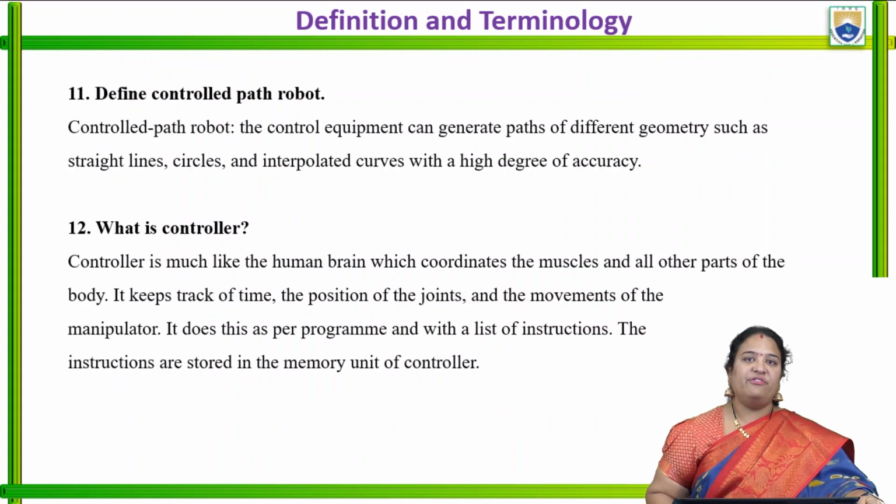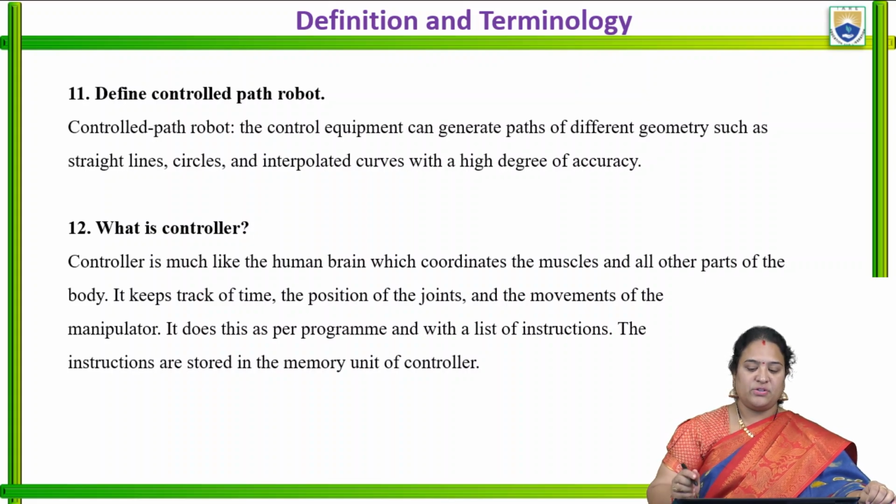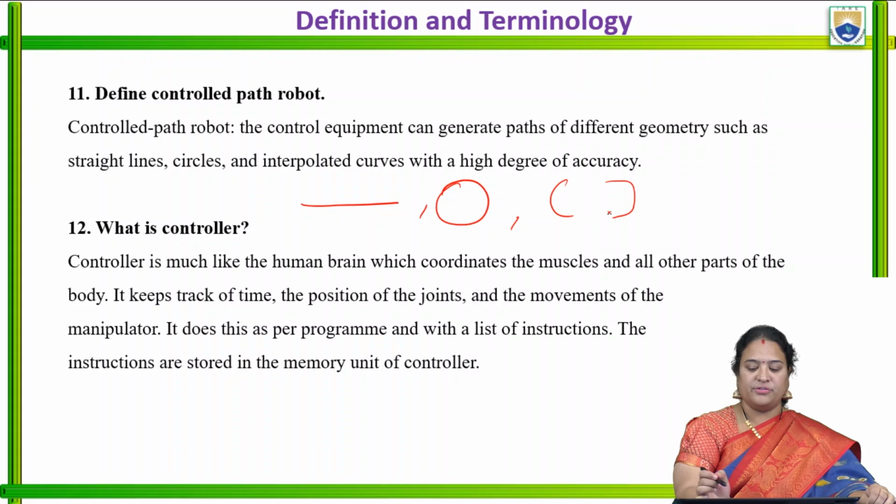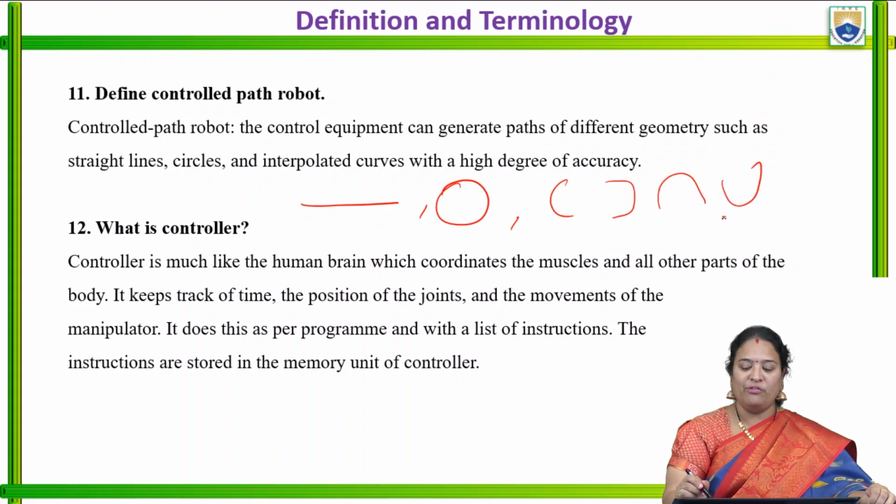Next, define controlled path robot. What do we mean by controlled path robot? A controlled path robot controls the equipment, which can generate paths of different geometry such as straight lines, circles or interpolated curves, with a high degree of accuracy.